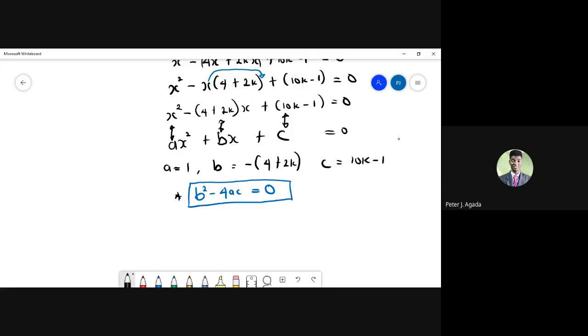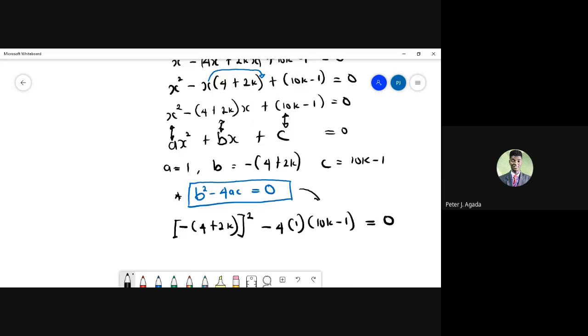So what is my b squared? My b squared is my negative, do not forget your negative sign, very important, plus my 2k, everything is all squared, including the negative sign, minus my 4. What is my a? My a is 1, and my c is 10k minus 1, all equal to 0.